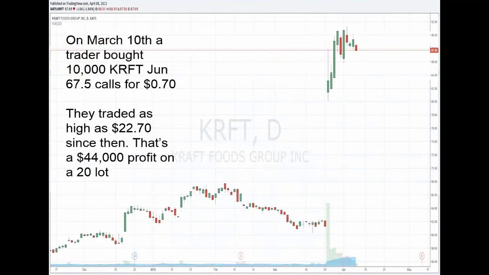So on March 10th, a trader bought 10,000 Kraft June 67.5 calls for 70 cents. Okay? This bet is a lot larger in terms of size, right? How much capital does this trader tie up in this trade by buying 10,000 of these for 70 cents? Well, they are betting $700,000 that Kraft will be above 67.5 by expiration in June.